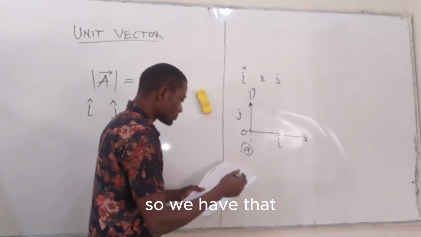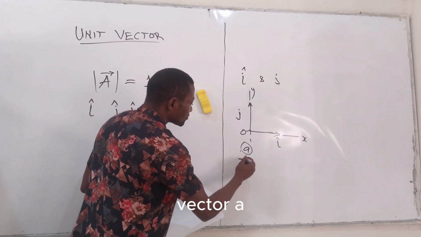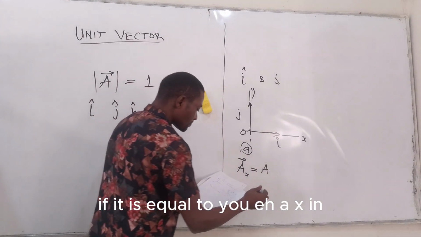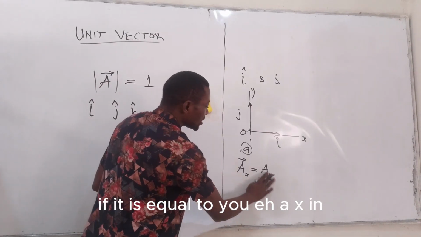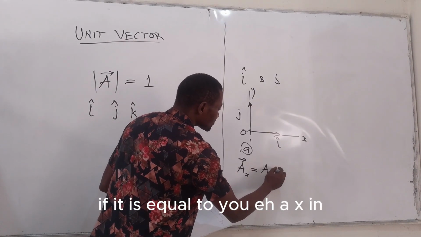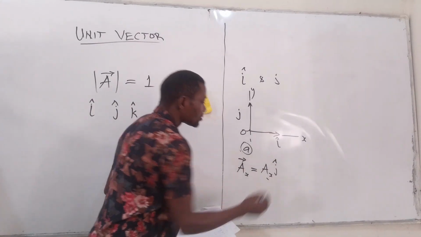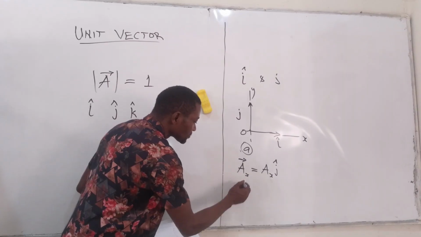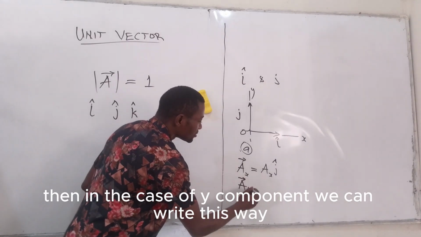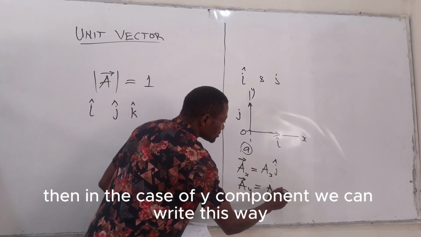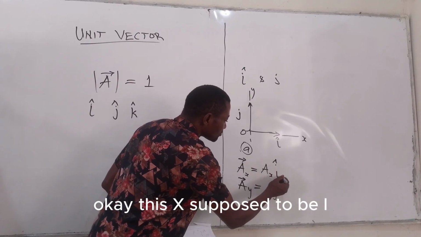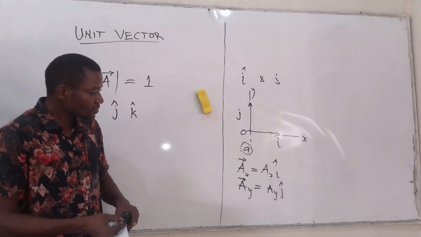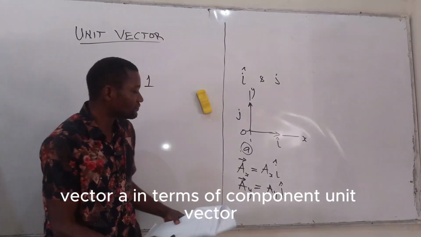So we have that vector A is equal to ax in the x component, and in the case of the y component, we write it this way. This x is supposed to be i, then this y. So we can write vector A in terms of component unit vectors.